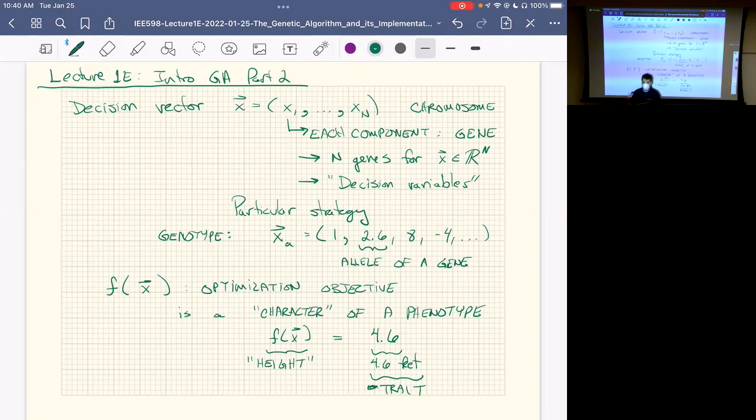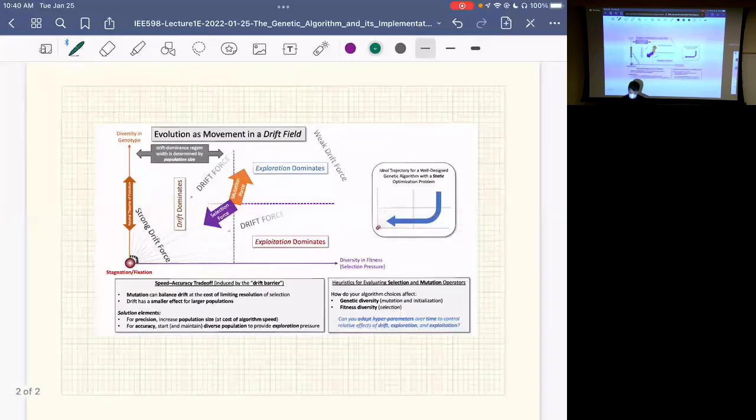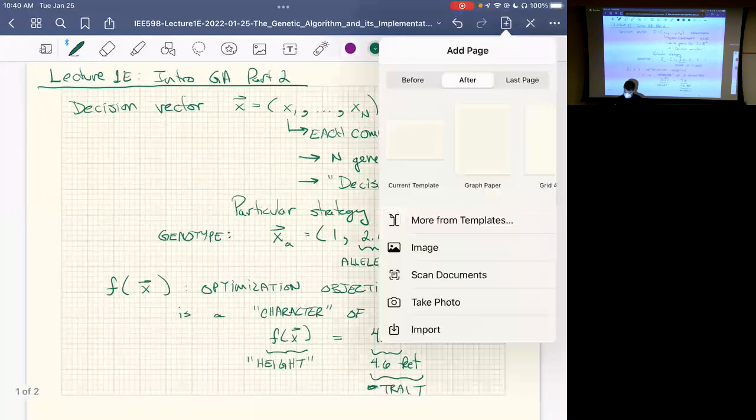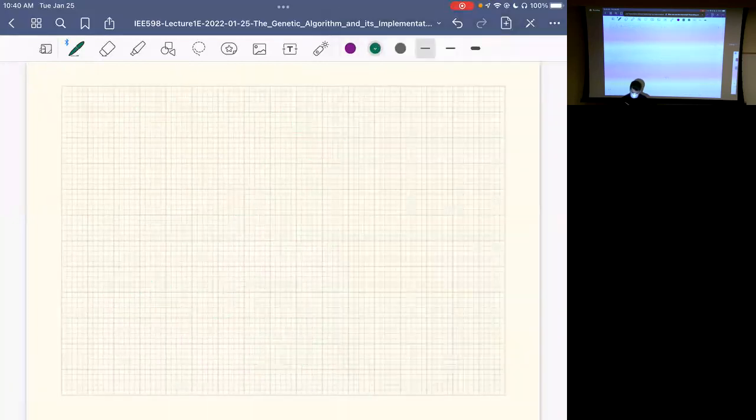And then you take those characters and you have to say, well, is this a good thing or a bad thing? Do we want to maximize height? Do we want to minimize height? And that all maps into fitness. And so we have then that fitness function. So let me just add a page this way. So then we introduce this notion of fitness, big F, and that takes on all of your characters.